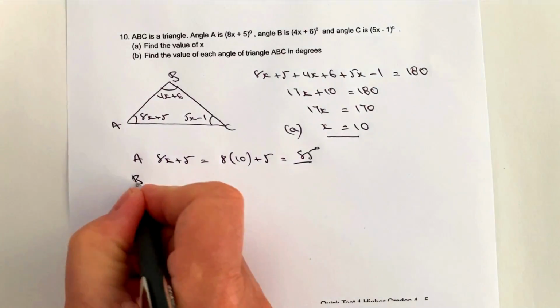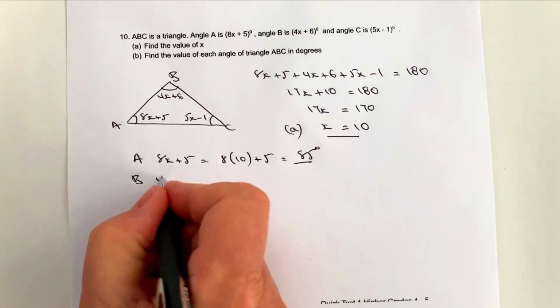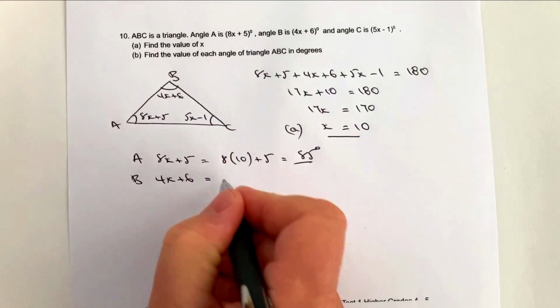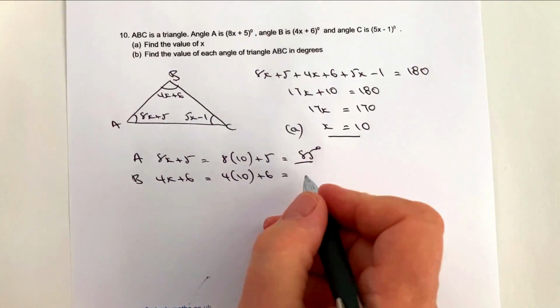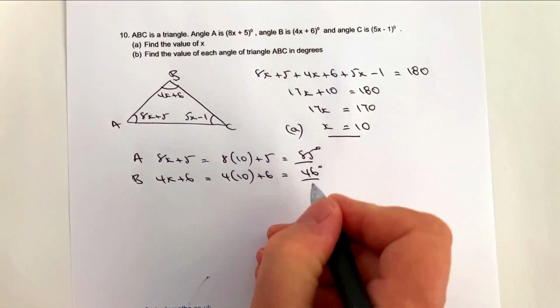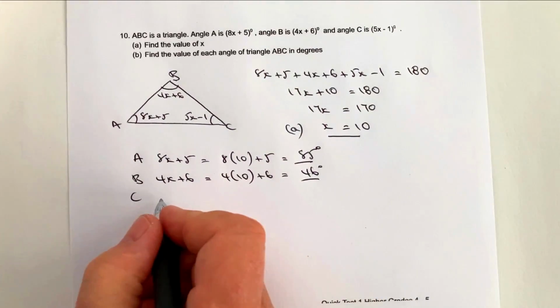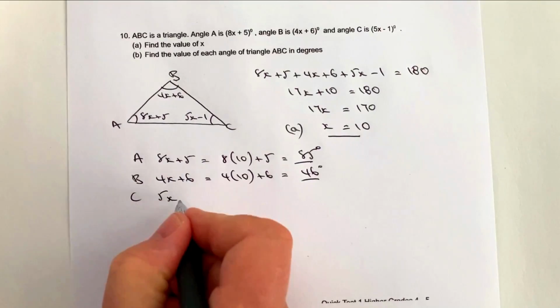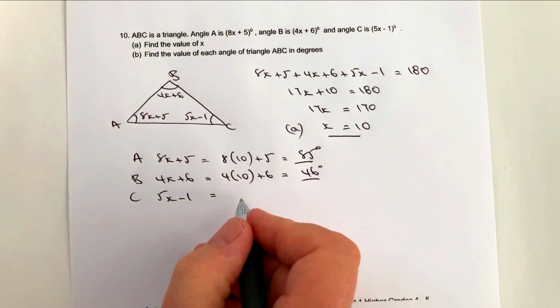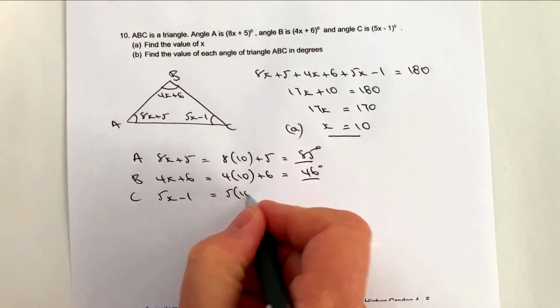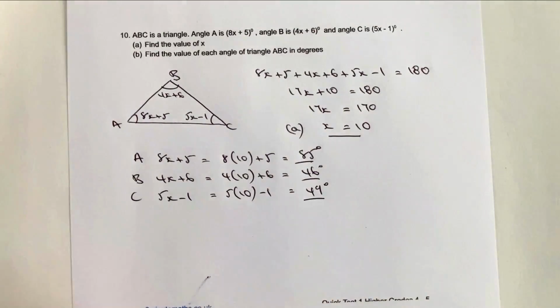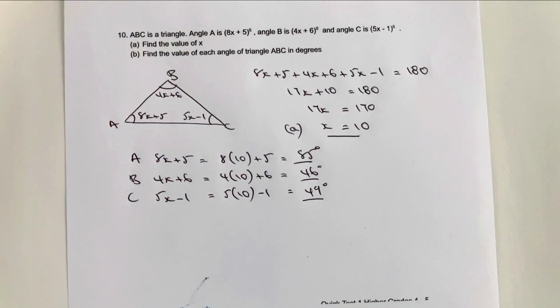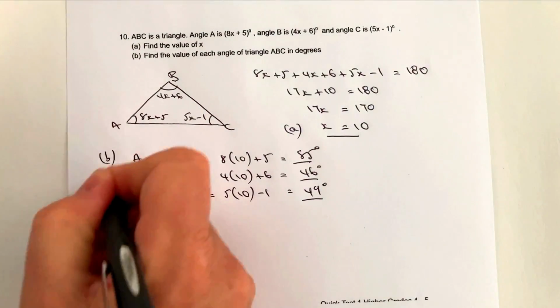Angle B is 4x plus 6, which equals 4 times 10 plus 6, which is 46 degrees. And angle C is 5 times x minus 1, which is 5 times 10 minus 1, which is 49 degrees. And that's the answer to part B of this question.